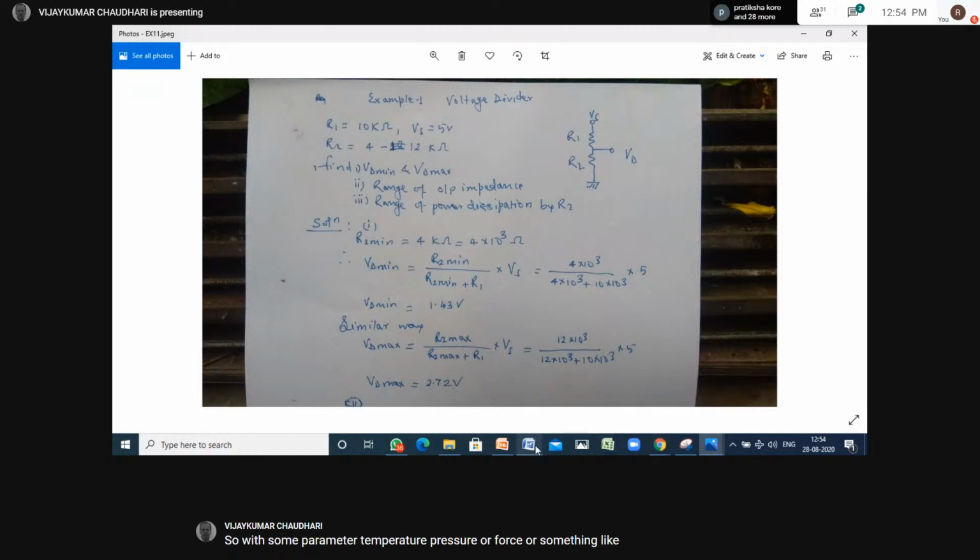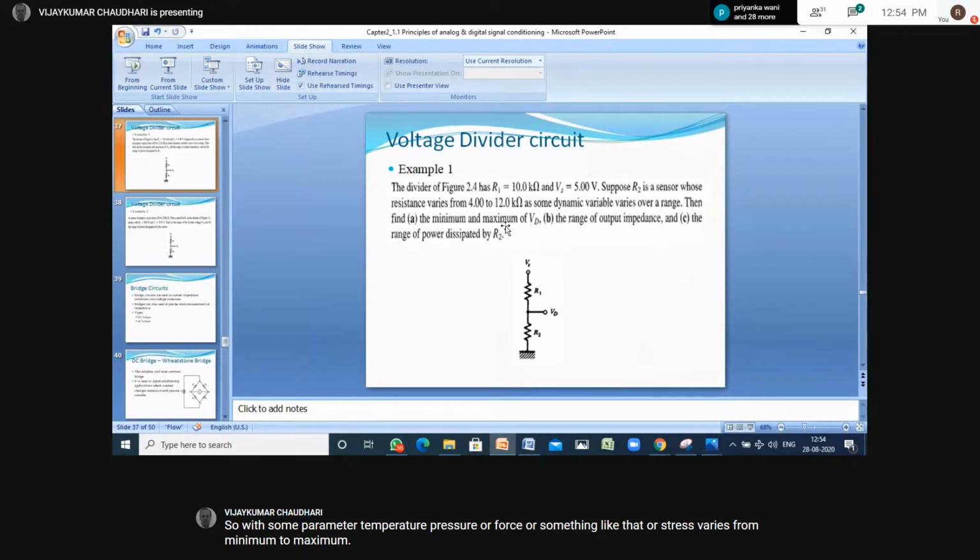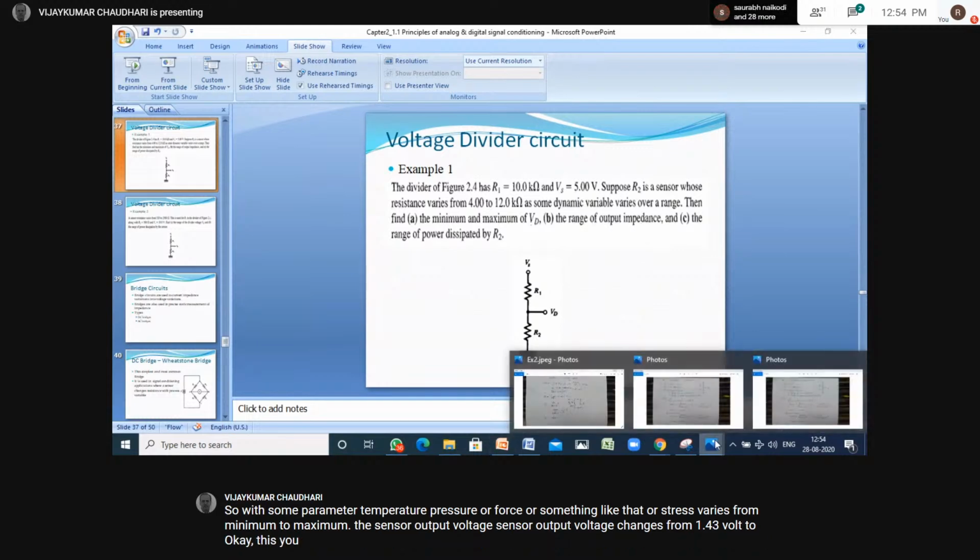So what is next? Minimum and maximum value of VD is found out, 1.43 and 2.7. Next is the range of output impedance, minimum output impedance and maximum output impedance, right?